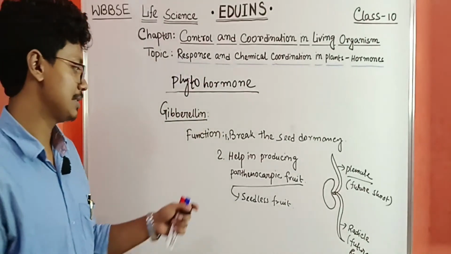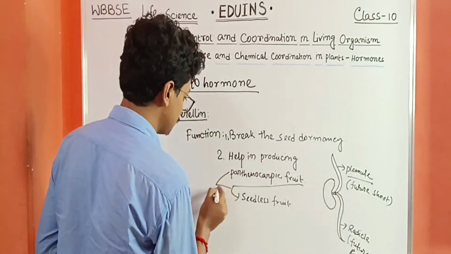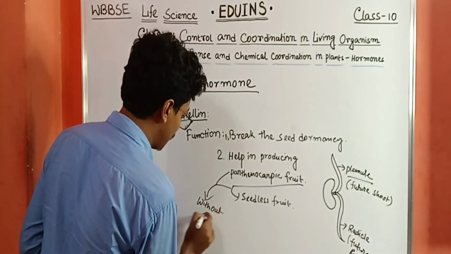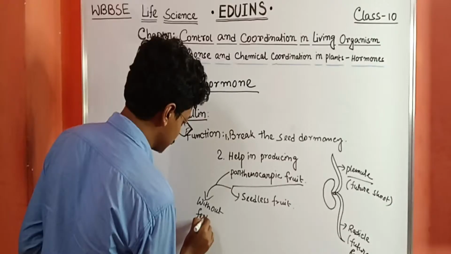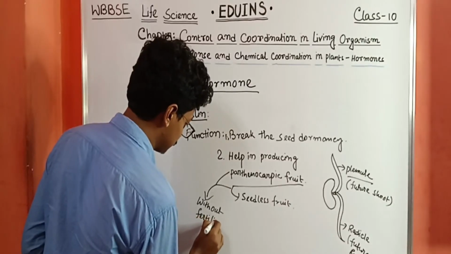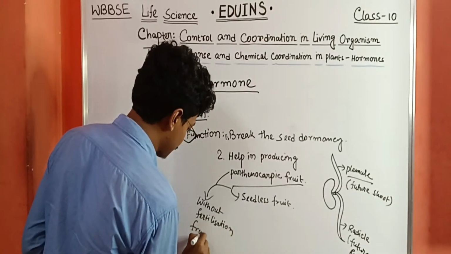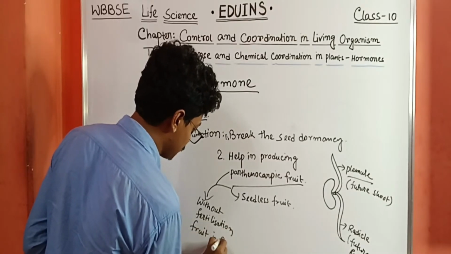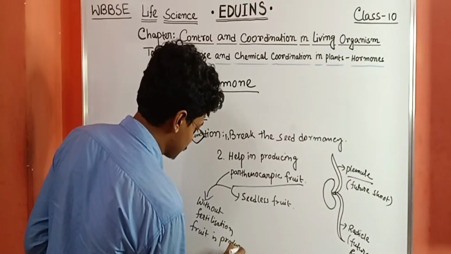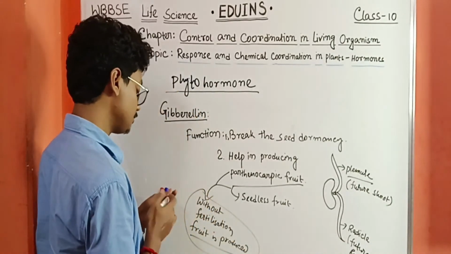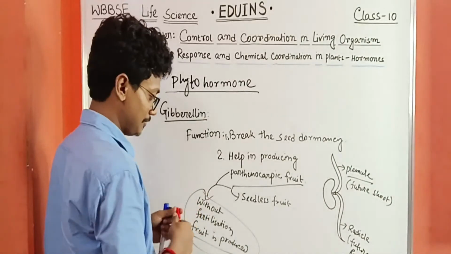Parthenocarpic fruit is fruit produced without fertilization. And these fruits are seedless.